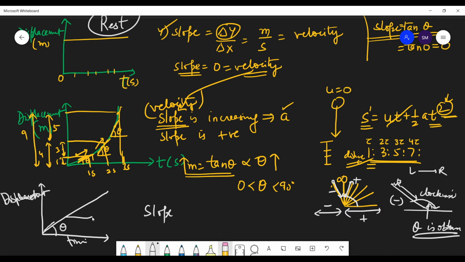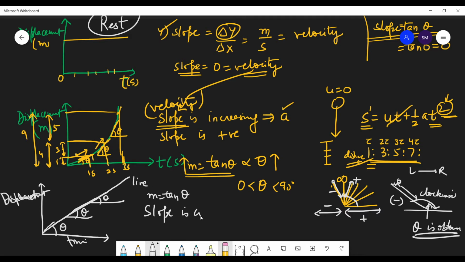See, is the angle theta changing? No, sir. It's a straight line. Theta is not changing, so slope is also not changing, because slope is equal to tan theta. And if theta is not changing, slope is the same.